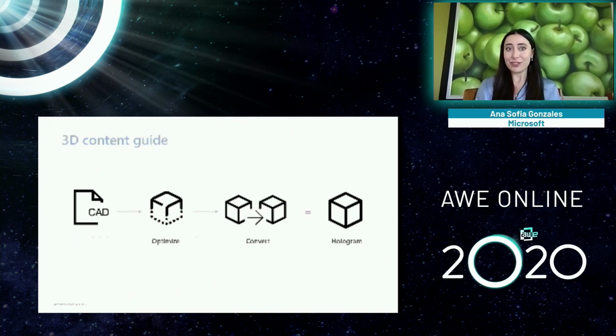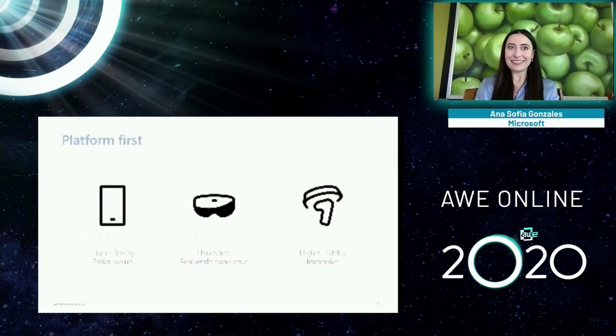Remember that you just start from your CAD and you have to reduce the resolution by optimizing it, and then you have to convert it. The standard that we use is Microsoft's GLB, but there are many others, and this creates your hologram. And so remember, platform first.